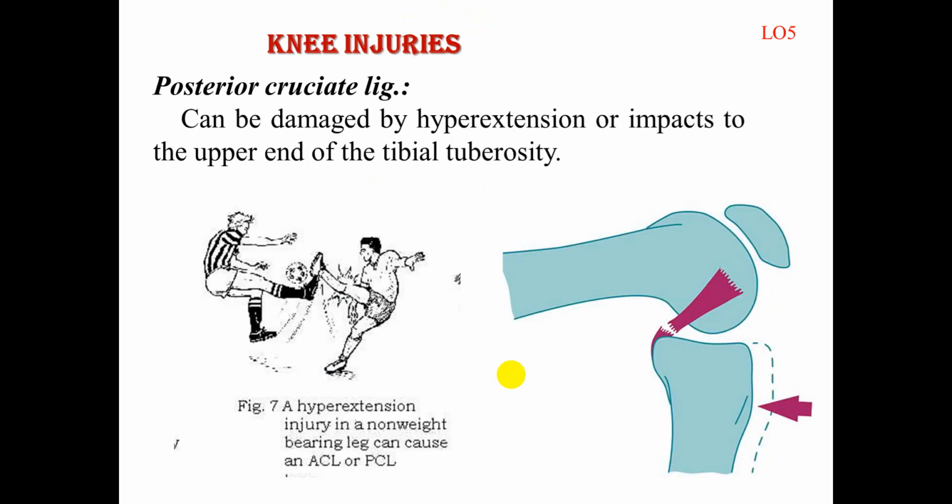The posterior cruciate ligament can be injured, especially in cases of hyperextension injury or direct impact on the upper end of the tibial tuberosity, which might lead to rupture of the posterior cruciate ligament or anterior and posterior cruciate ligaments. Sometimes both are injured in cases of severe trauma.